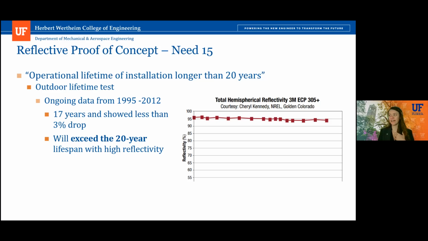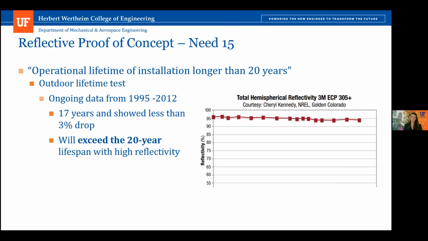You can see that its reflectivity is very high throughout that 17-year study that is continuing to go. And because it only dropped by less than 3%, you can conclude that it will in fact last the duration of the 20 years required in the user need.